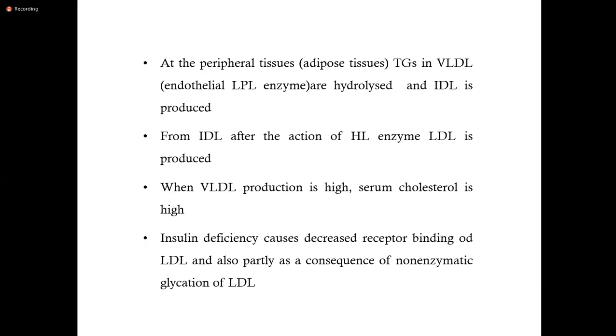That changes its structure, so the binding capacity of LDL to its receptors can get reduced. When the receptor binding of LDL is reduced, uptake of LDL by the liver and other peripheral tissues could be low. So that again can increase the blood level of LDL and also the total cholesterol level.